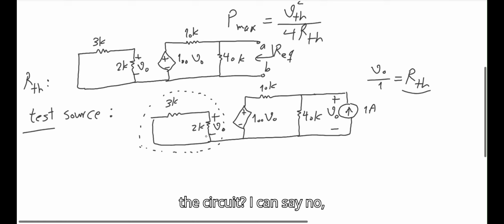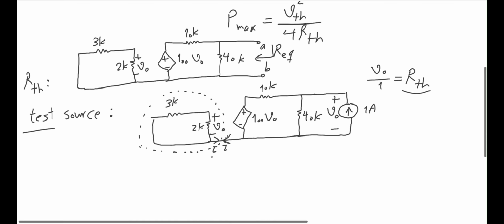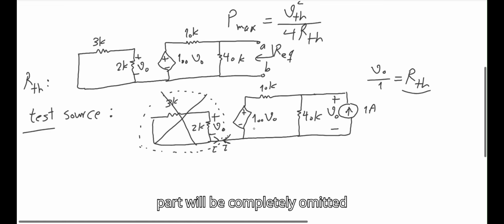I can say no. Whatever is the current coming this way, let's call it I, the same current should come this way, because this left circuit is not connected to any source. So I can say that this part will be completely omitted from my analysis for finding the Thevenin resistor.